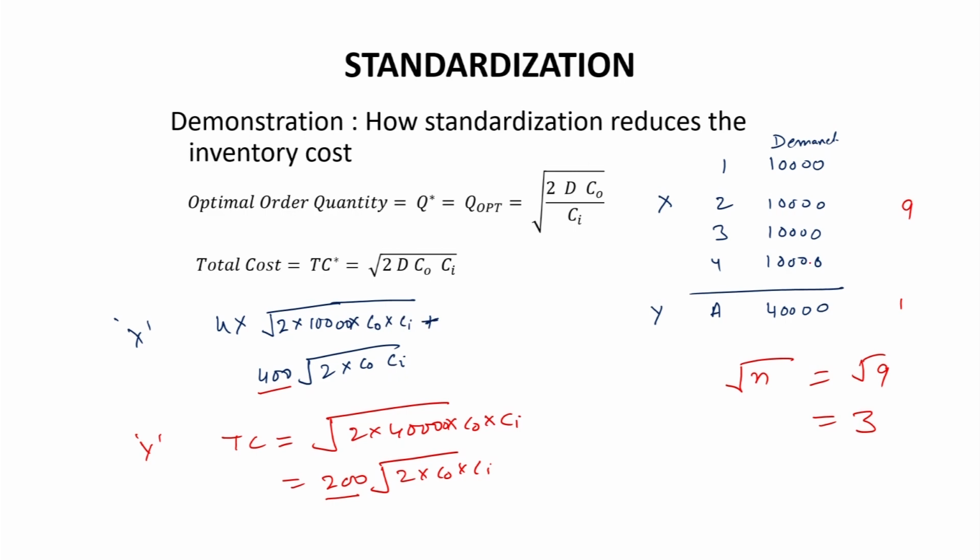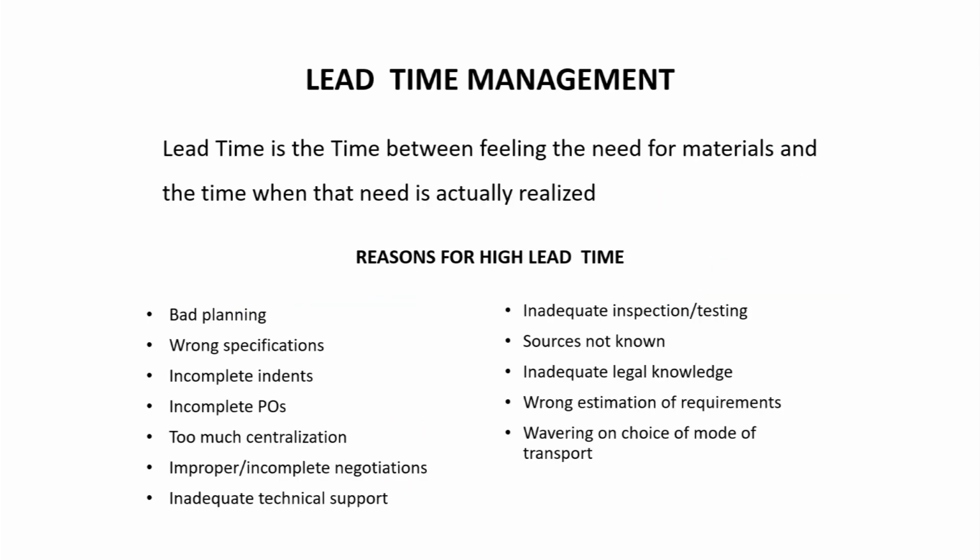If there are 9 such items and they have been standardized to 1 item, your inventory carrying cost will reduce from 9 to 3. So, the improvement is equivalent to the square root of n. If n items are standardized as 1 item, then your cost will reduce by the square root of n. That is the kind of advantage of standardization. So, if we can apply standardization, we can substantially reduce the inventory-related cost.